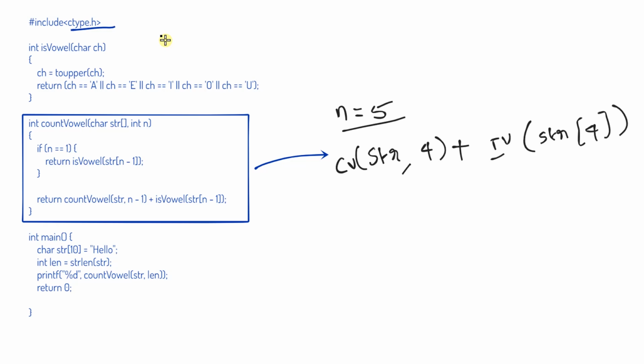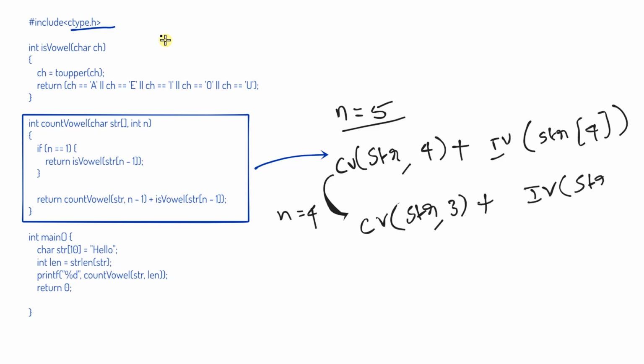So again recursively we are calling it here. So now what happens is that for this count vowel function, when we are recursively calling, again it will check n is equal to 1. Now n is equal to 4 here, so it is not equal to 1. Again we'll be calling recursively that function str comma 4 minus 1 is 3, plus is vowel of str of 3. Again recursion. Now n will be equal to 3.